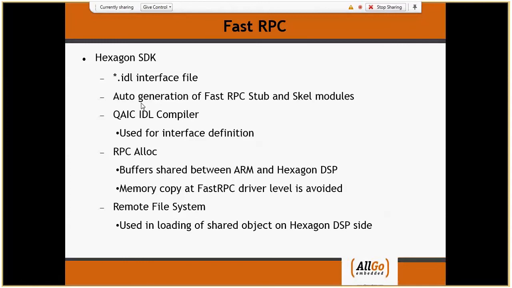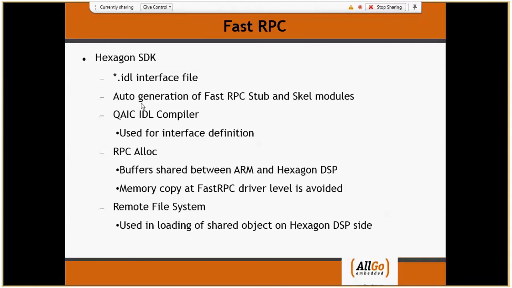We also used rpcmem_alloc for the buffers shared between the ARM and the Hexagon DSP. This avoids a memory copy at the FastRPC driver level. The QDSP requires contiguous memory in order to operate, so we can't use the normal Android or Linux malloc, since that is in virtual space and cannot be guaranteed to be contiguous memory.